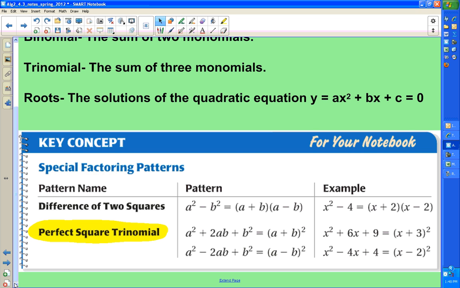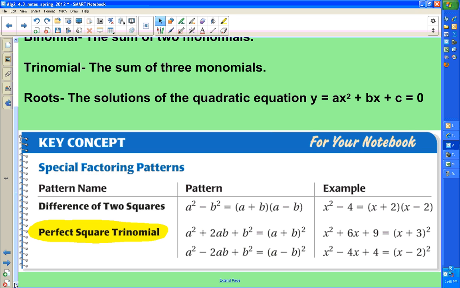How do you find the roots? Yeah, but if I give you a function and I want you to find the roots, all you have to do is what? Before that, you're taking it for granted.